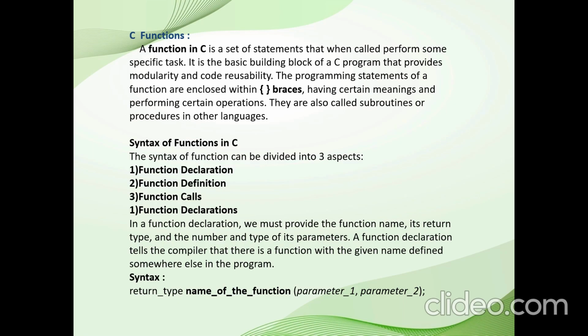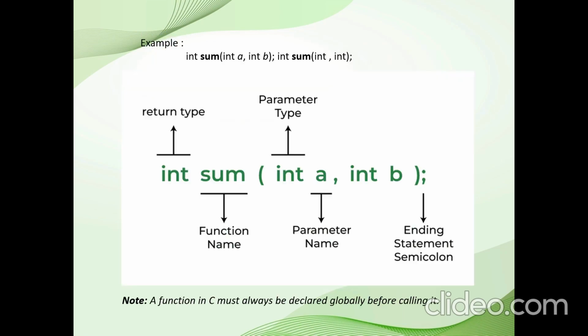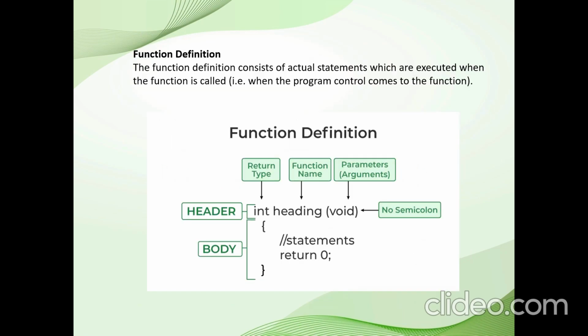A function declaration tells the compiler that there is a function with a given name defined somewhere else in the program. The syntax is: return type, name of the function, parameter 1 and parameter 2. Let us take an example. Here it is int sum, int a, int b.